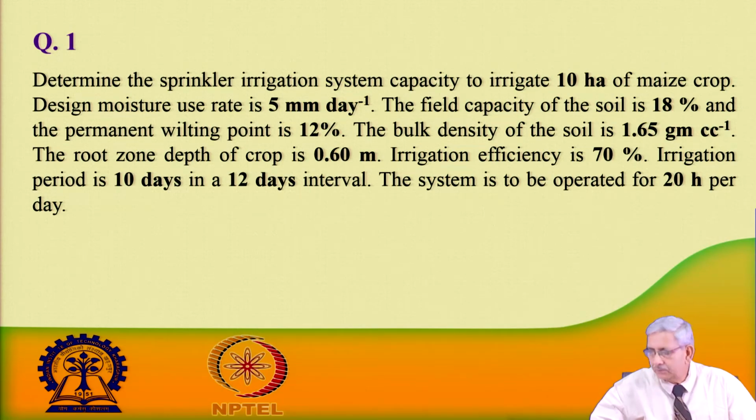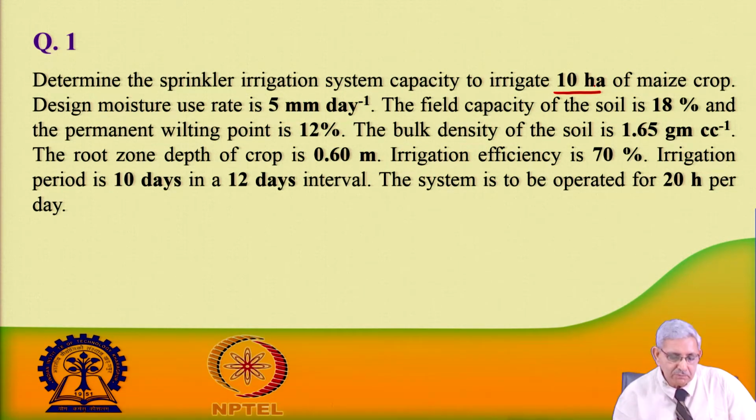So, the first problem is given here. We are required to determine the sprinkler irrigation system capacity to irrigate 10 hectare area of maize crop.